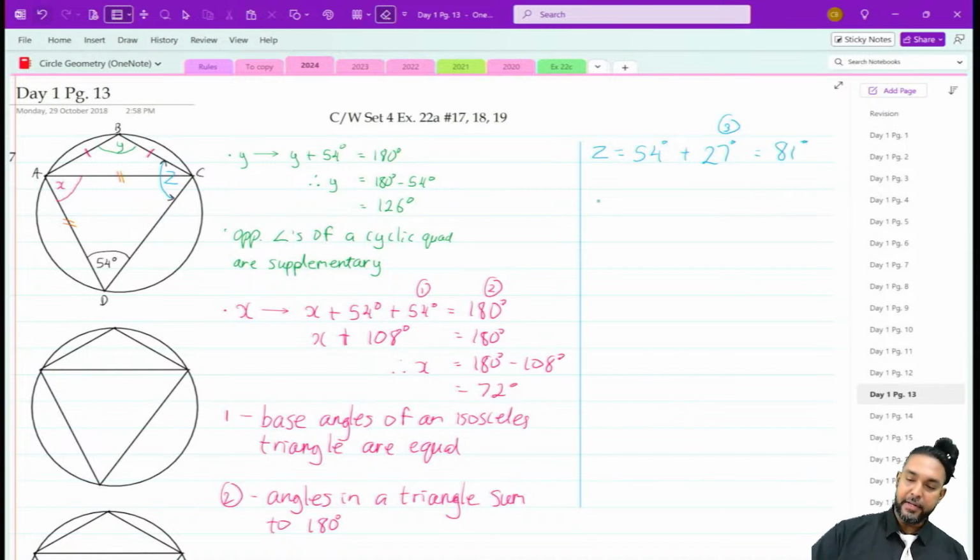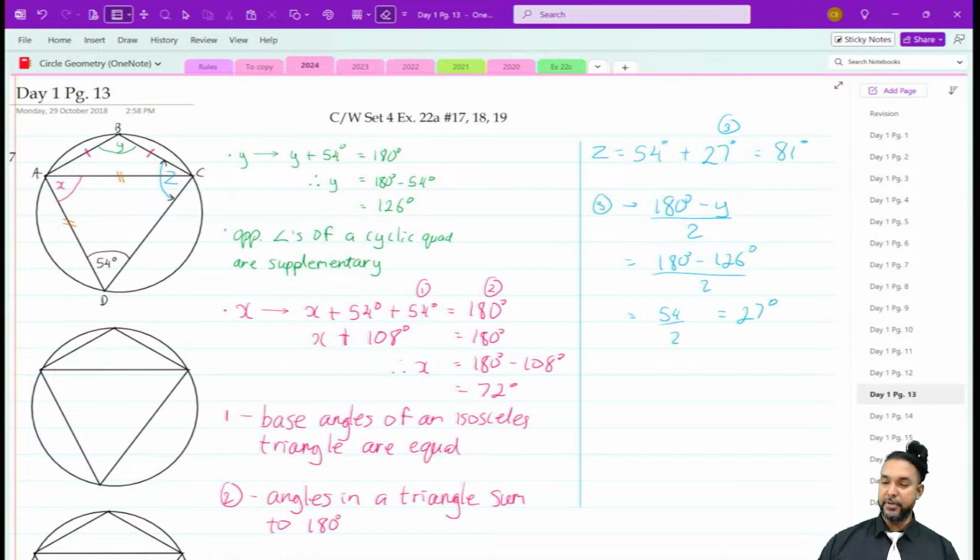Then you could explain the little number 3. You could simply put that was equal to 180 degrees minus y, then divided by 2. And we know y was 126. That's 180 minus 126 all over 2. So that's 54 over 2, which is equal to 27 degrees.